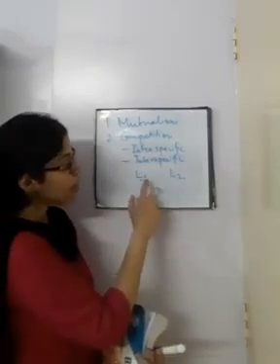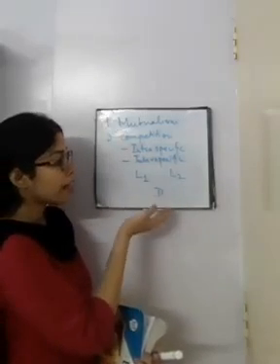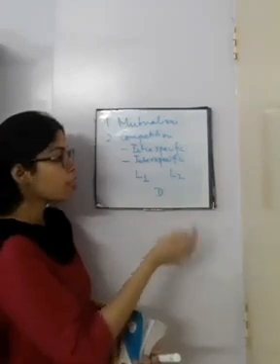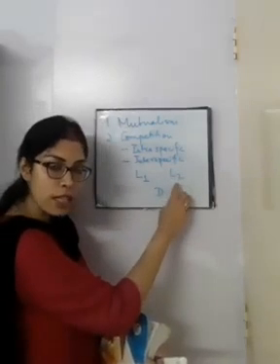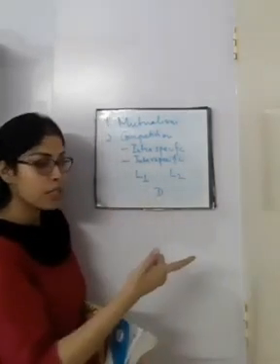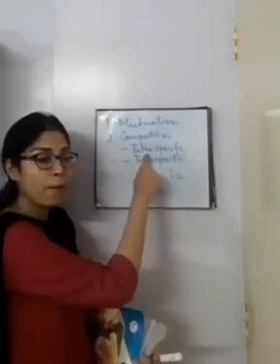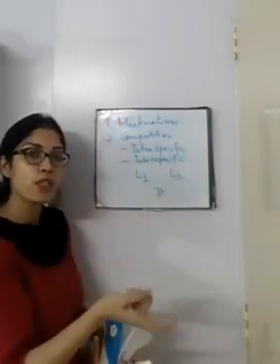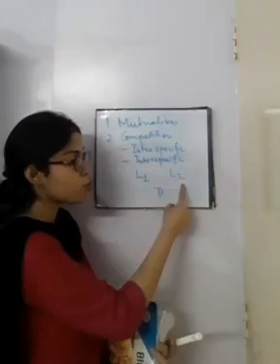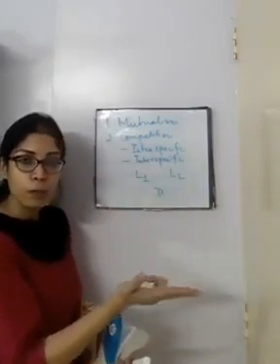If lion 1 kills the deer and gets it as its food, lion 2 loses its food and lion 1 wins. So this is intraspecific competition, between individuals of the same species. Lion 1 and lion 2 are both chasing the deer to get food.